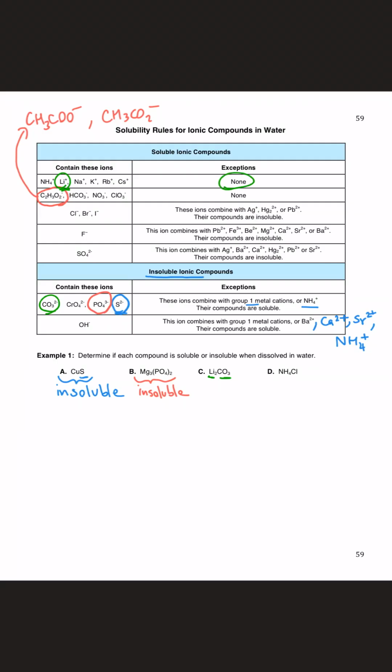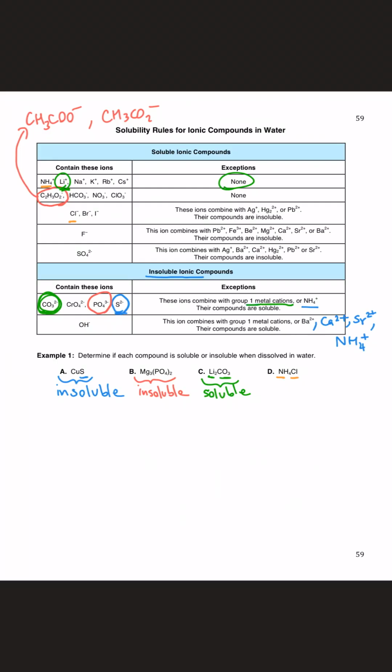If you do the analysis by using the carbonate ion, it will give you the same result because ionic compounds that contain the carbonate ion are insoluble, but the exception is when the carbonate ion combines with a group 1 metal cation, and lithium ion is a group 1 metal cation, therefore lithium carbonate would be a soluble ionic compound. Next, ammonium chloride. Both ammonium and chloride are listed on the table also.